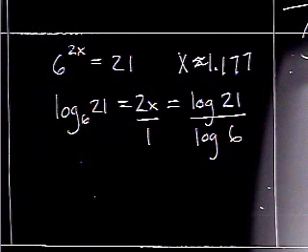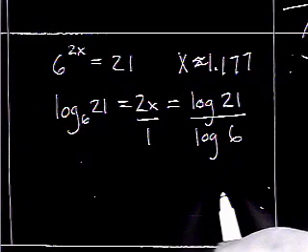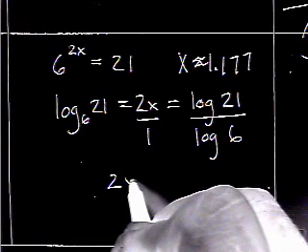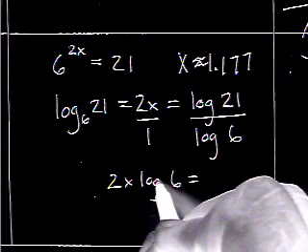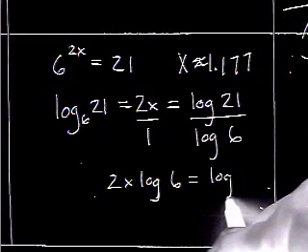Keep in mind, whenever you make a mistake and you plug it back in, you're double checking it and you're like, man, this is wrong, look at it again and see what you did. Because really, 2x times log 6 should be equal to log 21 times 1.